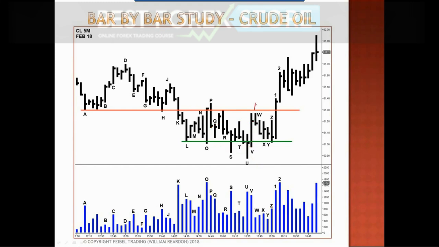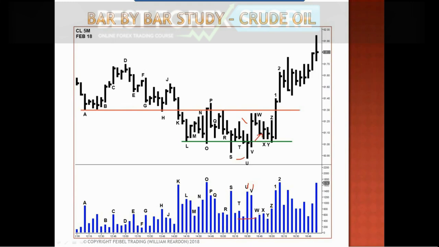W, what do we see at W? No supply bars. We're trying to come down with a narrow spread with the lowest volume. So we have the narrowest spread with the lowest volume after good buying. There is no supply, no thrust, weak volume, same here.